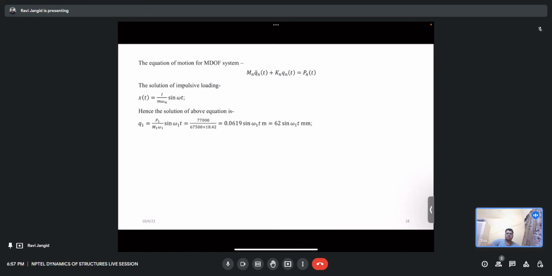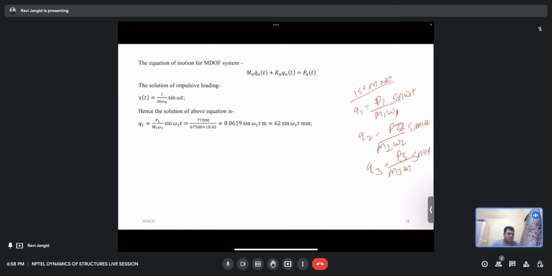So for the solution of the above equation, for the first mode, the modal response q1 is equal to p1 by m1 omega 1 sin omega 1 t. For the second mode, it will be p2 by m2 omega 2 sin omega 2 t. And q3 will be p3 by m3 omega 3 sin omega 3 t.